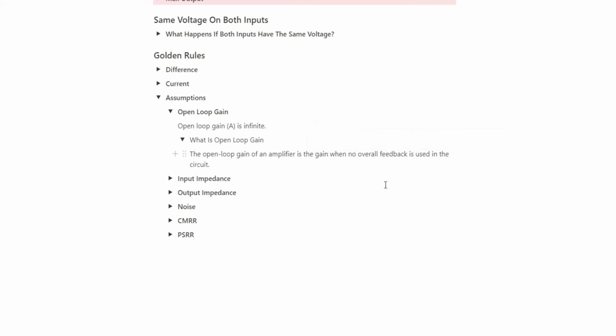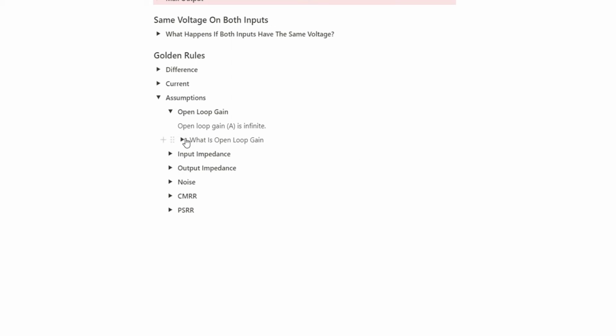Okay, I don't get how that can be infinite as well, but I'm going to take it on the chin. I spent about half an hour looking at open loop gain and I didn't really get anywhere.